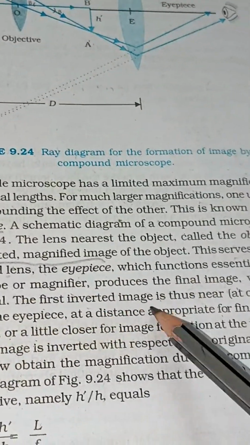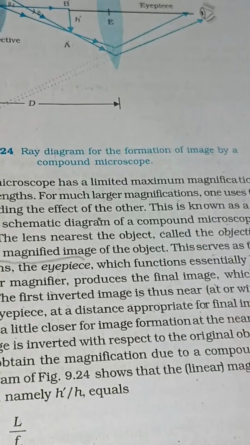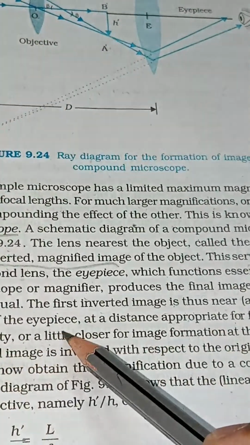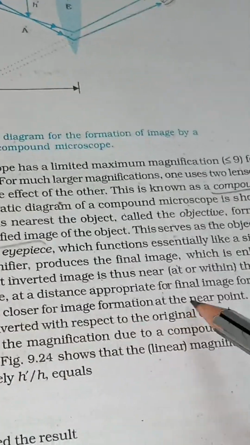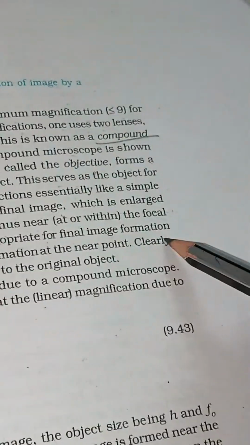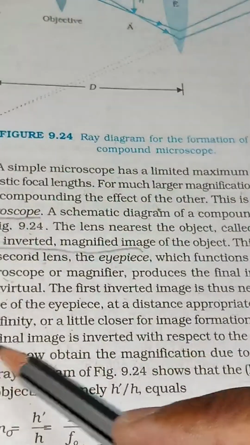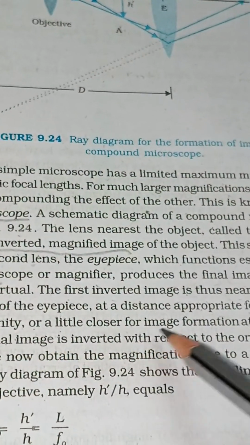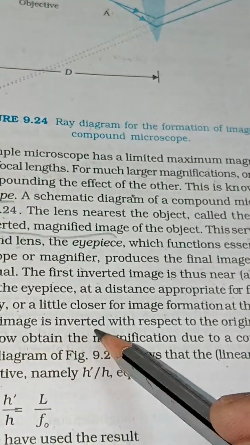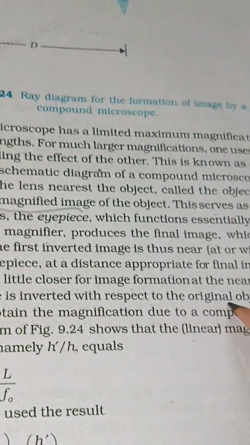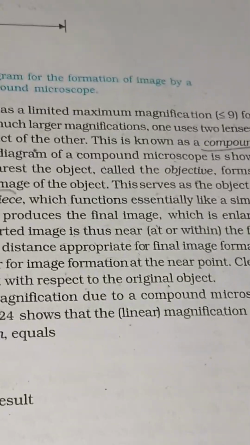The first inverted image is thus formed within the focal plane of the eyepiece, at a distance appropriate for final image formation at infinity, or a little closer for image formation at the near point. Clearly, the final image is inverted with respect to the original object.